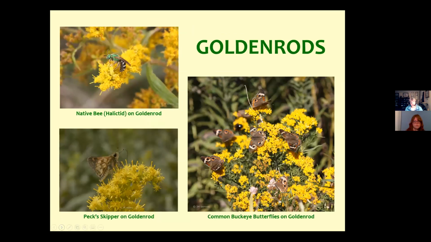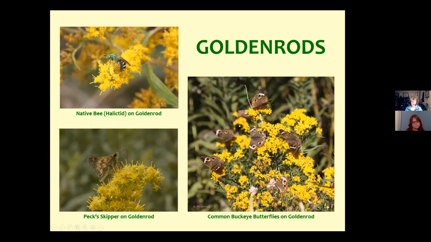And again, the goldenrods, we talk a lot about goldenrods because they have so many flowers on a given plant. While an individual flower may not have a lot of nectar or pollen, they have so many flowers on one plant. You can see all these buckeye butterflies working this goldenrod, peck skipper, some of our halictid bees.